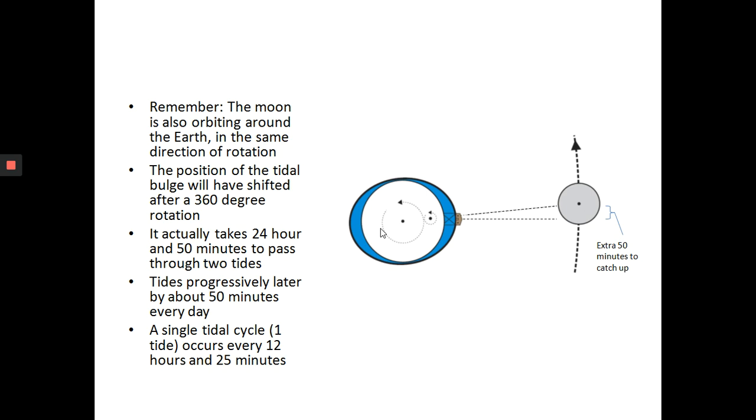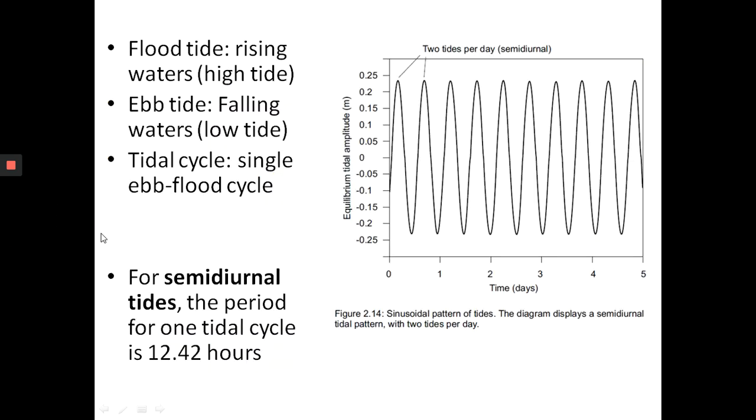So a single tidal cycle, one tide, occurs every 12 hours and 25 minutes. So you have tides operating at a period of 12.42 hours, right? 12 hours and 25 minutes.